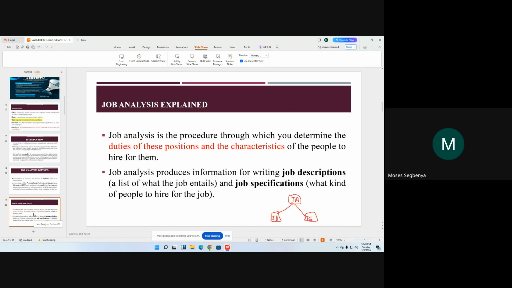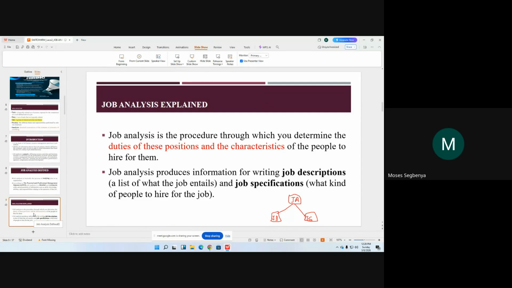So job analysis is the procedure through which you determine the duties of these positions and the characteristics of the people to hire for them. So on one side of the coin, you are answering the question, what will the holder of the job be doing?